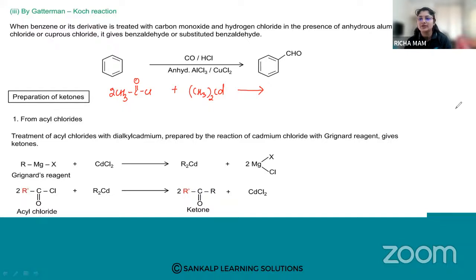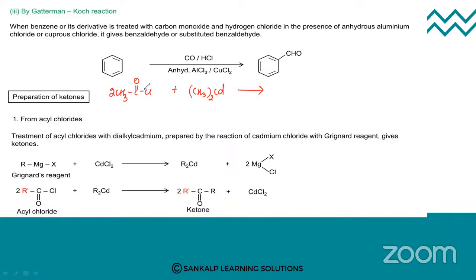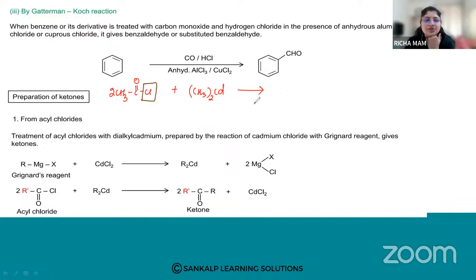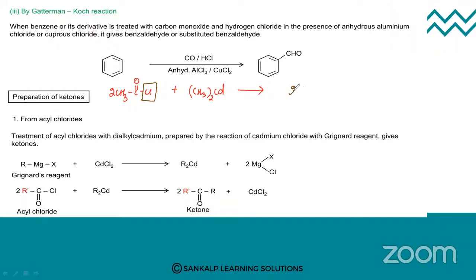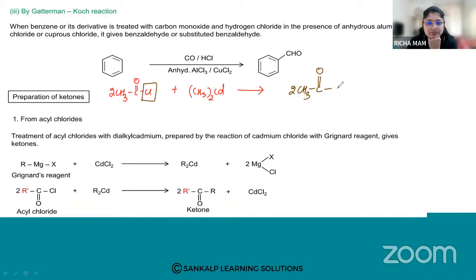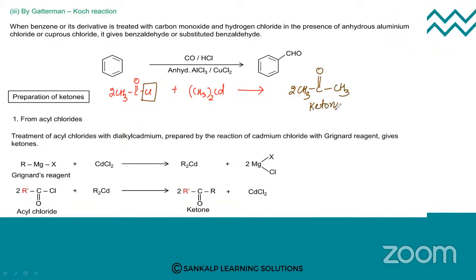What is the product? Cl is a good leaving group, so Cl will be replaced by CH3, forming CH3-C(=O)-CH3. So this is a ketone. What is the name? Acetone.